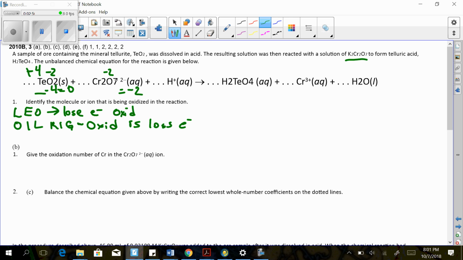If we have 7 of them, that makes this -14. I go to my chromium, and I have 2 of those. So 2 times whatever that is, minus 14, equals -2. If I do the math and rearrange that, each chromium must be a +6 charge. Okay, so now I've figured out everything over here.